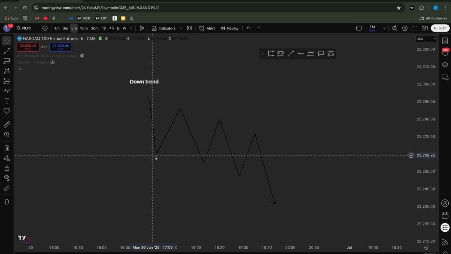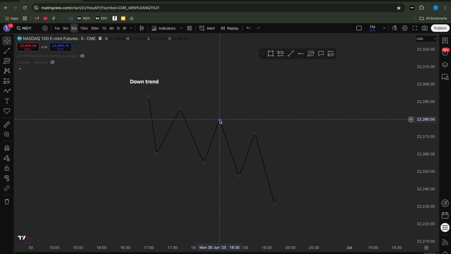Right, so you start off with a high, then a low, then a lower high because it doesn't break this one, and then a lower low because this low is lower than that one.